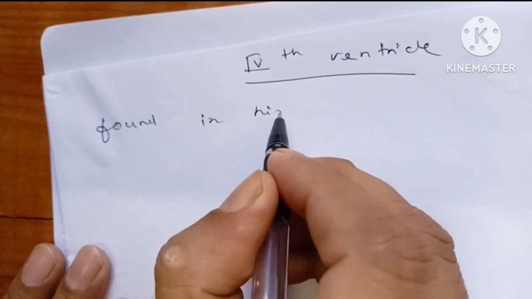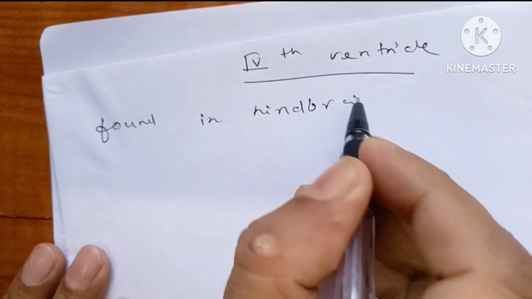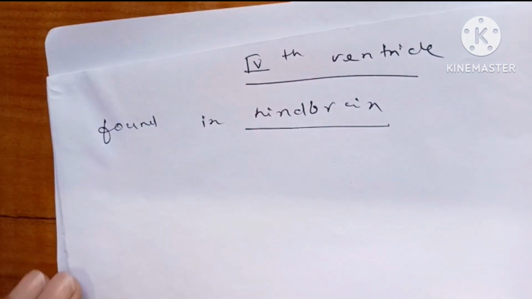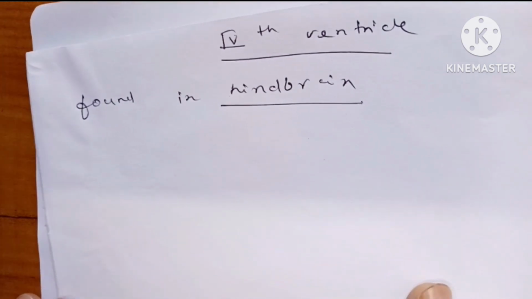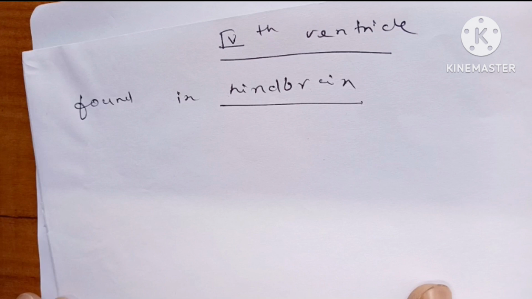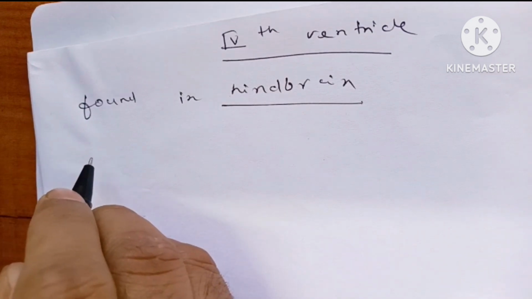The brain has three parts: the forebrain, the midbrain and the hindbrain. And this fourth ventricle is found in the hindbrain.